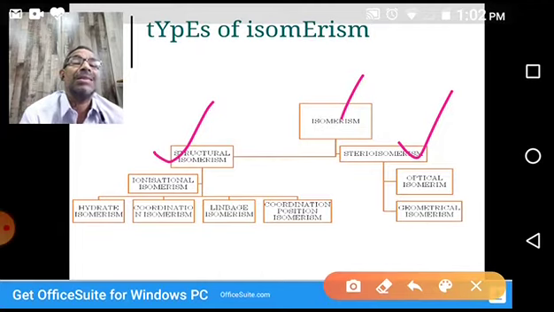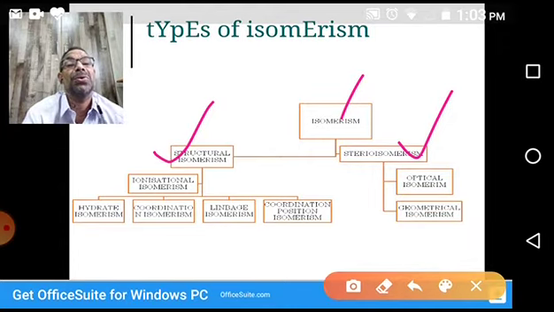So what is structural isomerism? Compounds having the same molecular formula but differing in properties due to difference in bonding connectivity. So bonding connectivity is changing.